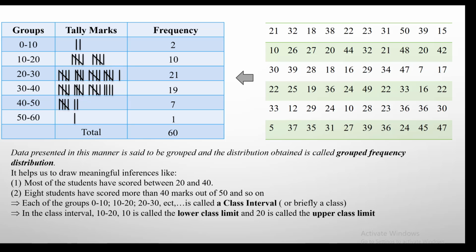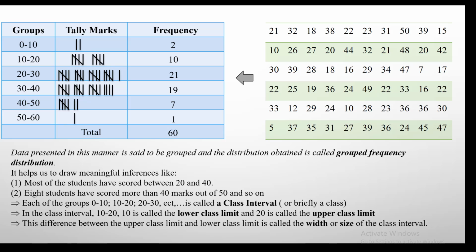In the class interval 10 to 20, 10 is called the lower class limit and 20 is called the upper class limit. The difference between the upper class limit and lower class limit is called the width or size of the class interval.